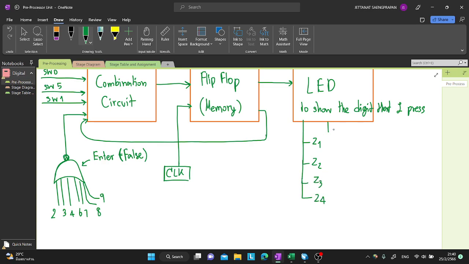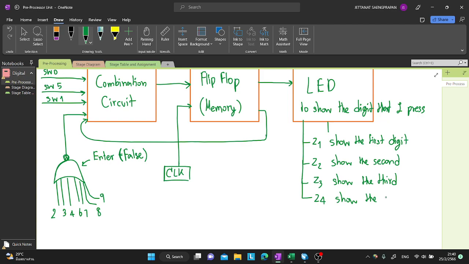Set 1 shows the first digit that I press, set 2 shows the second one, set 3 shows the third one, and set 4 shows the fourth one.